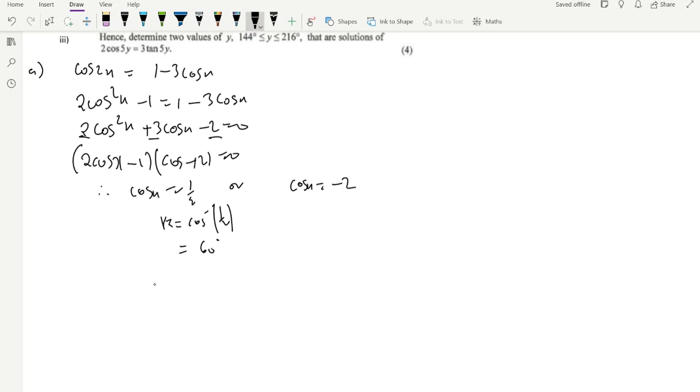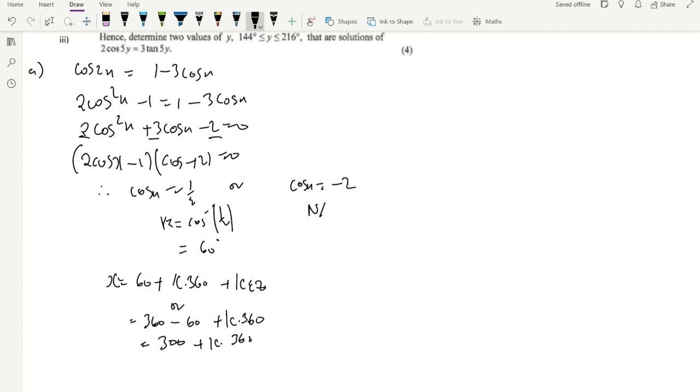And you know that cos is positive on the first quadrant and also on the fourth quadrant. It means our x will be 60, which is on the first quadrant, plus k 360, where k is an element of the integers, or 360 minus 60 plus k 360, which is 300 plus k 360.